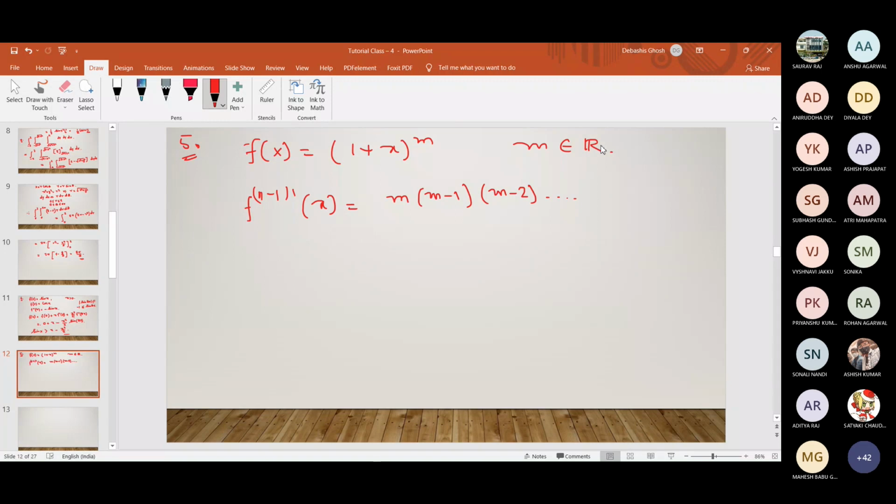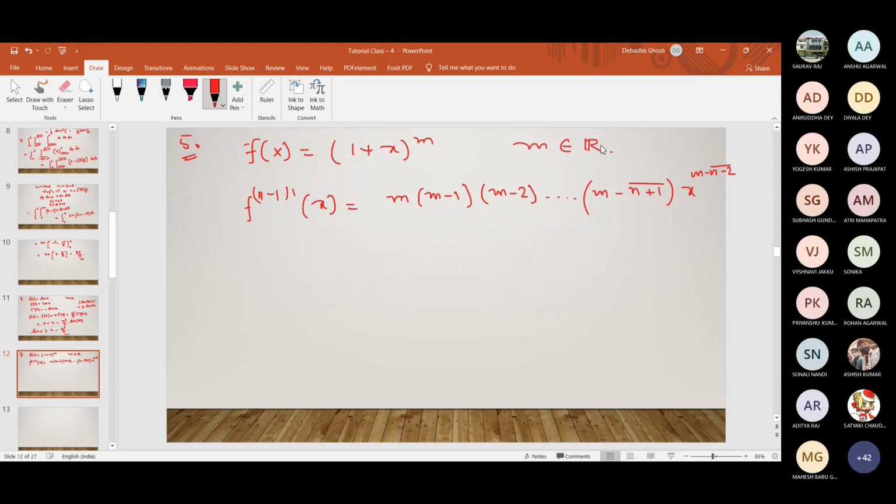So n minus 1 times we have m minus n plus 1, this one, x to the power m minus 1, so you will have one less, that is x to the power m minus n minus 2. I think we have to take the bracket here.